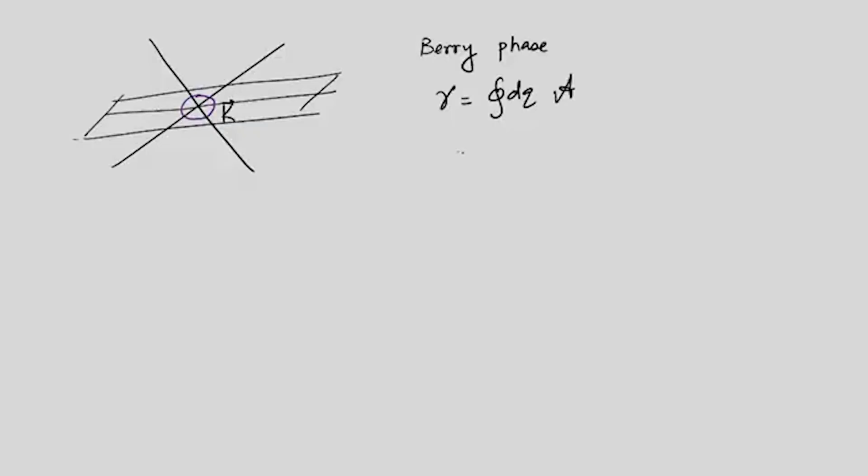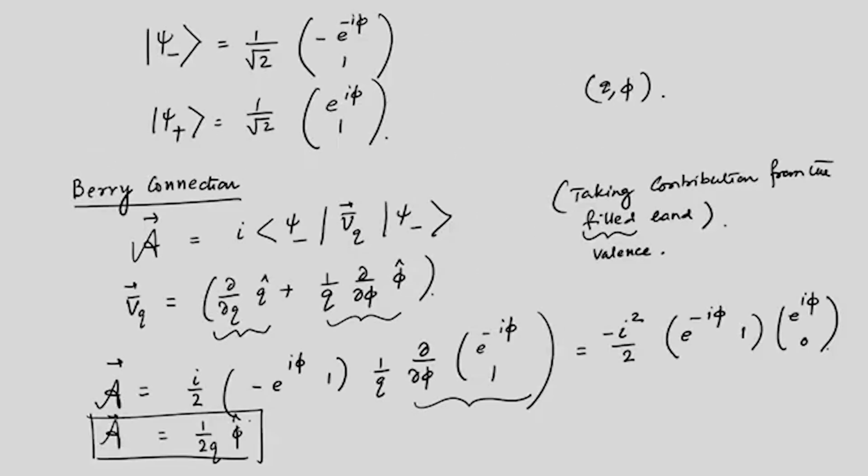We are right now talking about the k Dirac point, and this one is nothing but the integral from 0 to 2 pi, d phi, and q A. Just to remind you that dq is nothing but q d phi, that is converting it into the polar angle, so that the angular variables get integrated over 0 to 2 pi, and so this is equal to the integral from 0 to 2 pi, d phi, and q, and A is nothing but 1 over 2 q from the last.